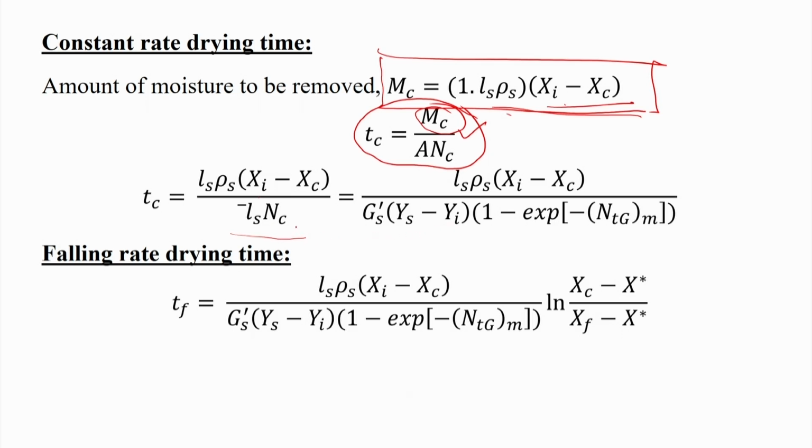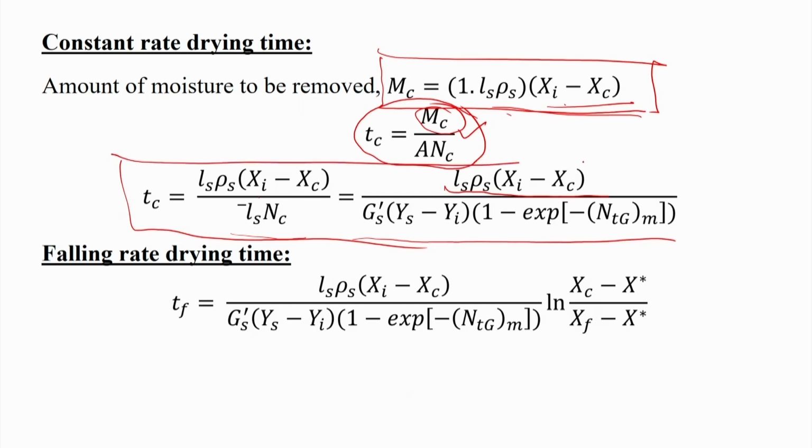If we put this n c value in this expression, then it will be L s into rho s into x I minus x c divided by G s prime into y s minus y I into 1 minus exponential of minus n t g. So, that is the expression for the constant drying period.